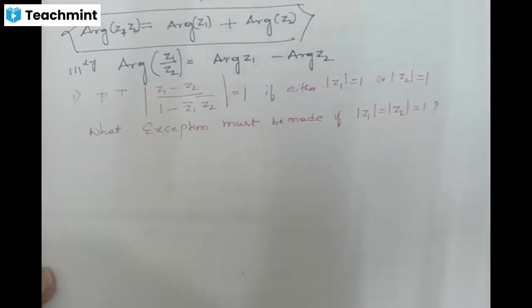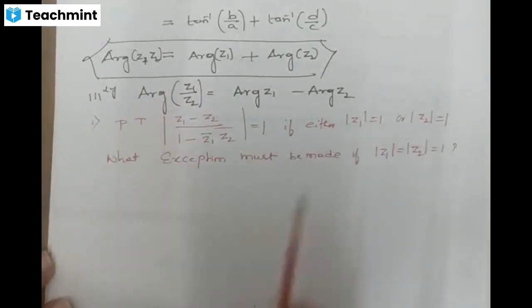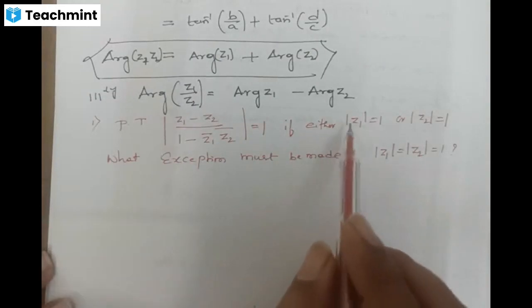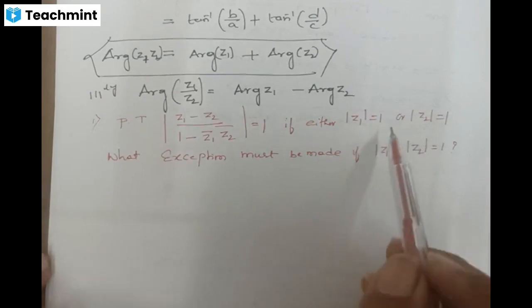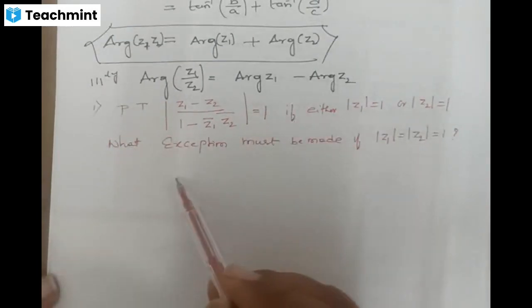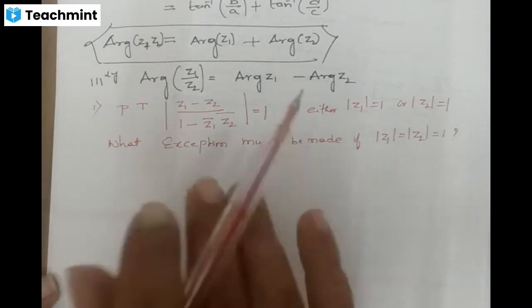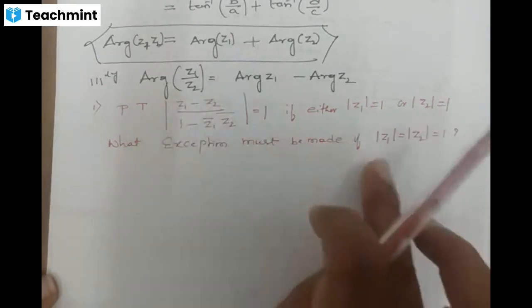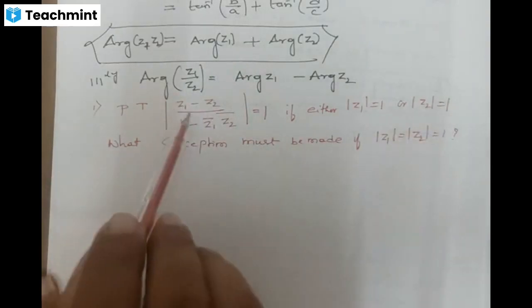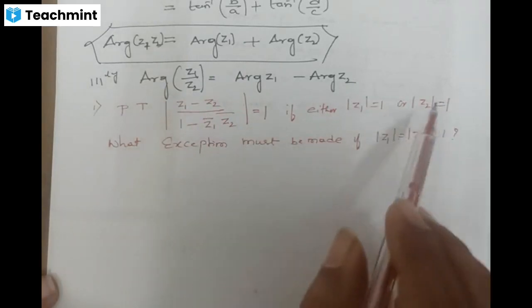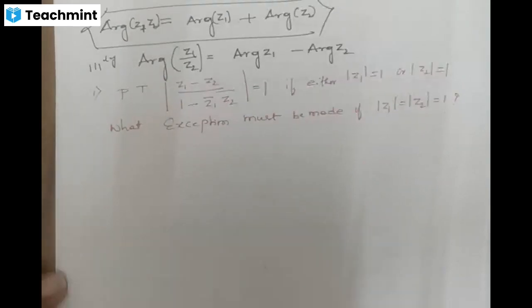See, we have to prove this quantity is equal to 1, if either any one, mod z1 equal to 1 or mod z2 equal to 1. So after that, what will be happening if both are equal to 1? After proving that we have to conclude this. Okay, so in the proof, or in the solution.